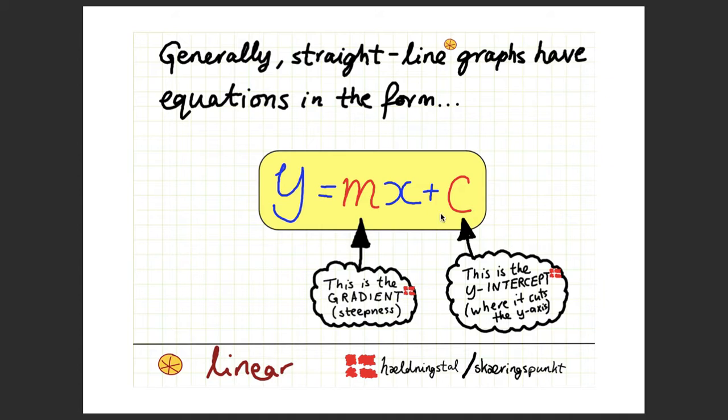And then meanwhile, the plus something on the end, which we call c, tells you the y-intercept. So that's where it cuts the y-axis or the vertical axis. That's got a name in Danish, skæringspunkt. So once again, pause the video, jot that down if you didn't get it before.